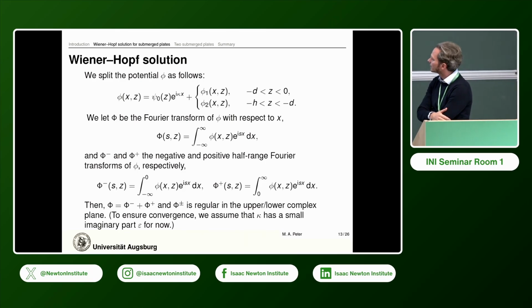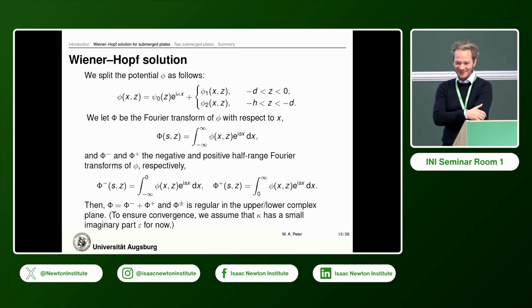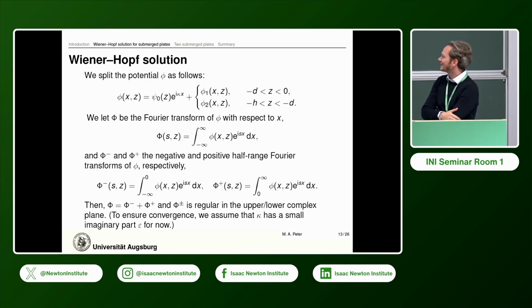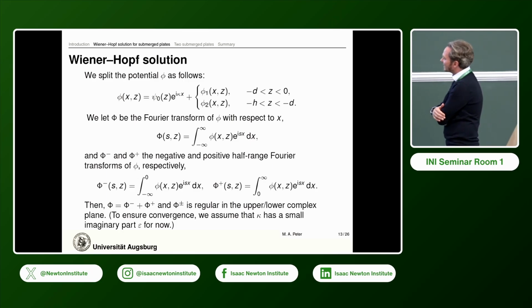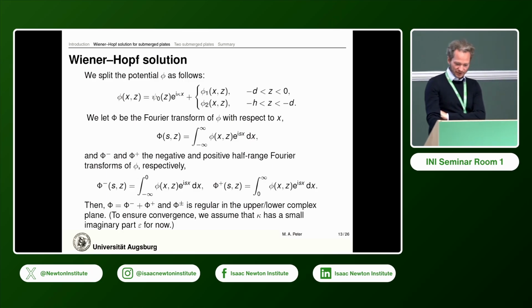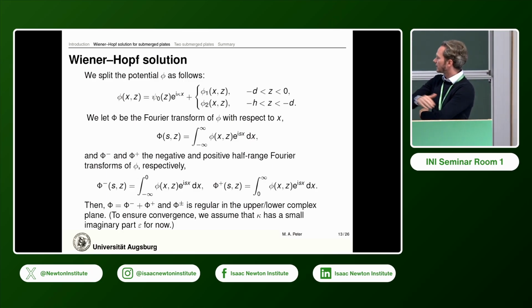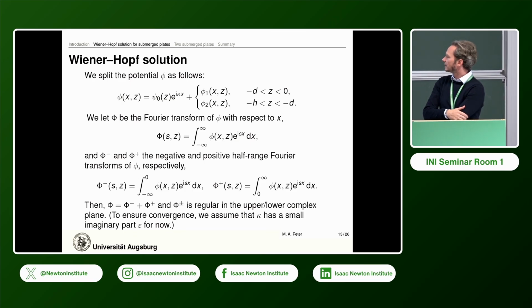And I hope I have the same signs for the phi plus and phi minus as Mike did, so that's a good sign. Or we just copied and pasted from the same paper. But anyways, I don't think I need to say much about this. And of course, also as was, I think, Raphael's talk yesterday, what we have to do is add a small imaginary part for now, and then we'll let that go to 0 in the end.